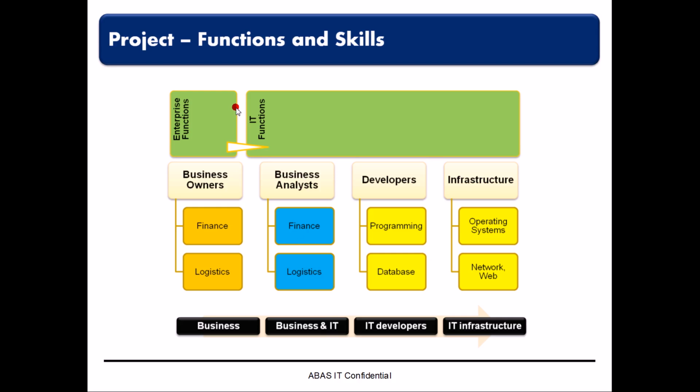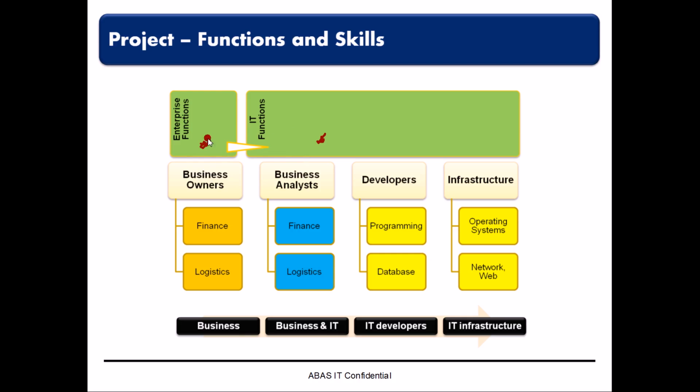In a given enterprise or IT landscape, the projects that have been initiated have two different components: the enterprise function and the IT function. The enterprise functions tell us what functions need to be implemented, and the IT function is how that function can be mapped to a given tool or to a developed tool.